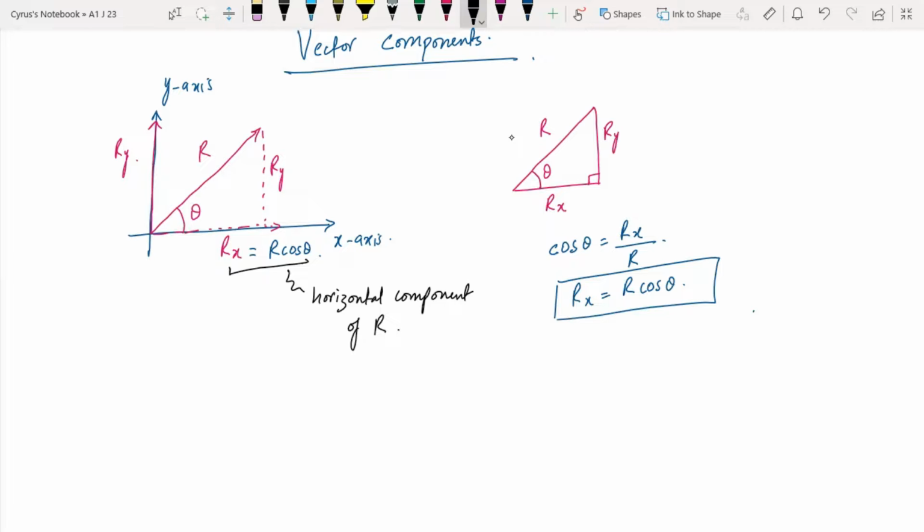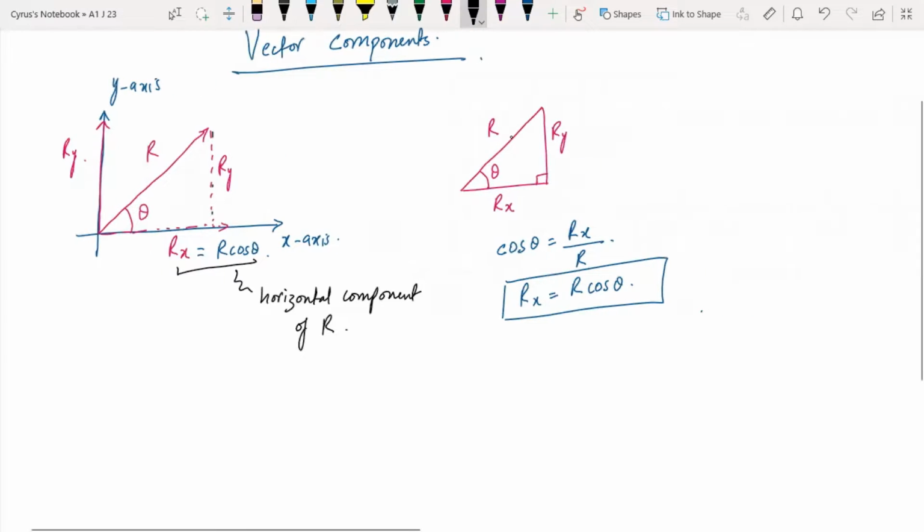अच्छा, उसके बाद आप मुझे बताएंगे what about this one, this ry? If you see here, this ry is nothing but, you can write here sine theta is equal to opposite over hypotenuse, and this opposite is ry, and this hypotenuse is r.